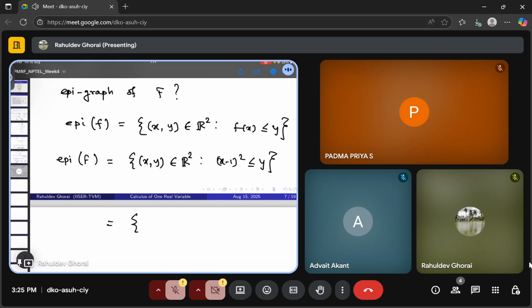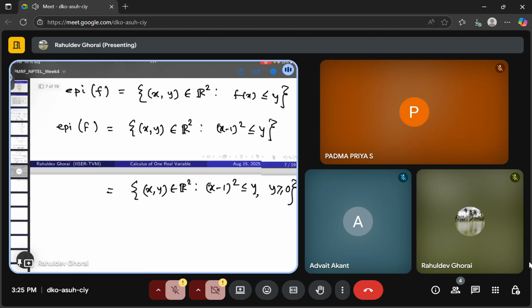But you see, (x minus 1) whole square is a positive number, so it cannot be less than or equal to y, which is negative. So what we will do: the set of (x, y) belonging to R2 such that x is less than or equal to y, where y is greater than or equal to 0.